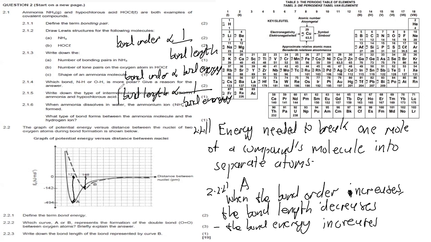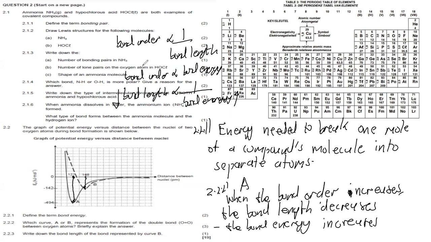So if we have a decrease in bond length, then we have an increase in bond energy. It all boils down to those relationships. When the bond order increases, the bond length decreases, and therefore the bond energy increases.